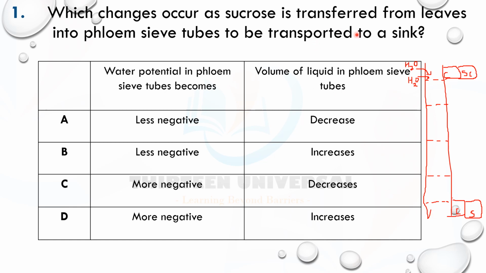If the question had said from sieve tubes into sink, you would choose that answer. But this is the answer now, because moving sucrose from the companion cells into the sieve tube lowers water potential, it becomes more negative, water moves in, and the volume increases. So the answer is D. Don't mind, the option has a typo.